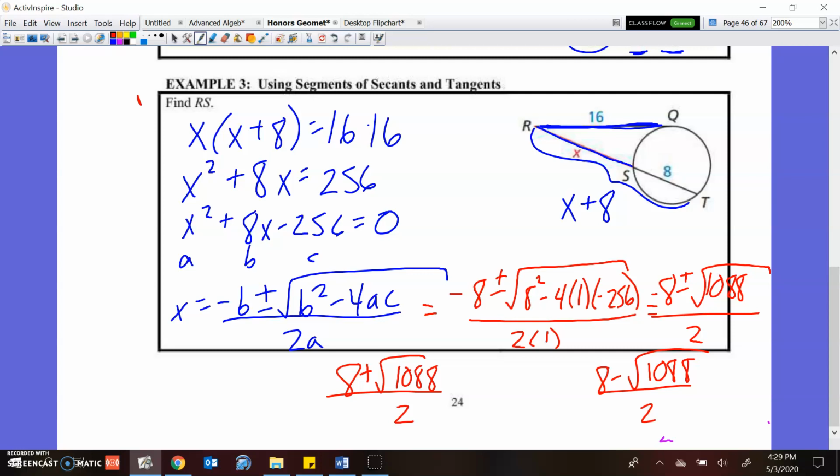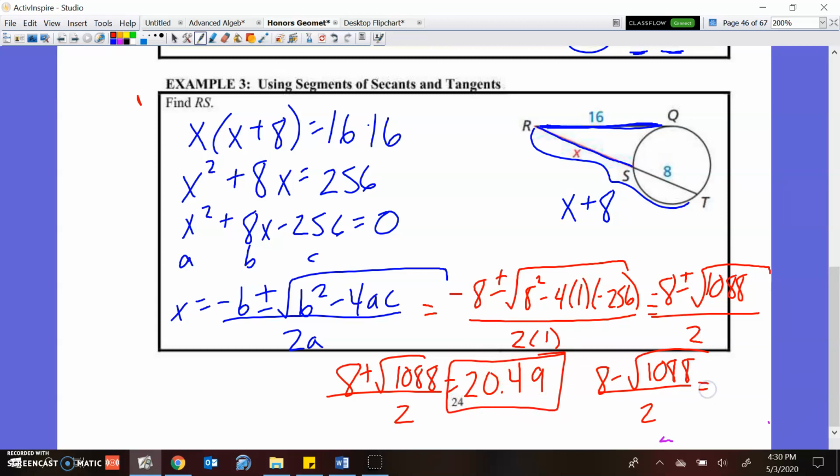Let's see if I type that in right. Okay, yeah, sorry, I typed something wrong, so I just wanted to make sure I had it right before I said it wrong. Negative 8 plus the square root of 1088 gives us 40.98. I'm not going to delete that off my calculator, I'm just going to divide that by 2, and my final answer is 20.49 rounded to the nearest hundredth.